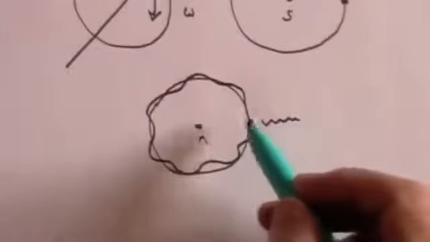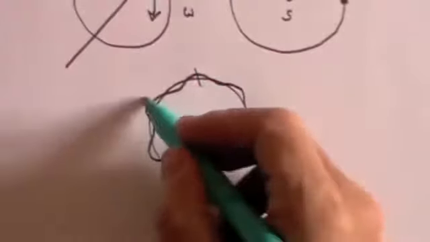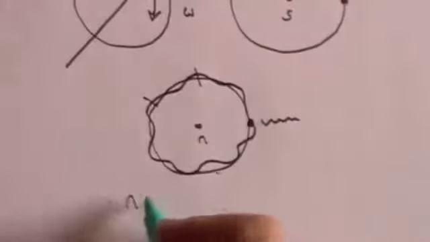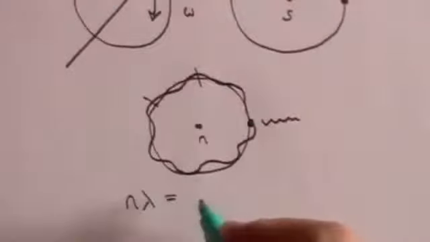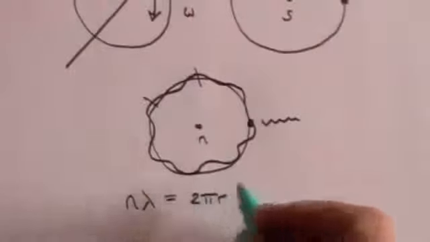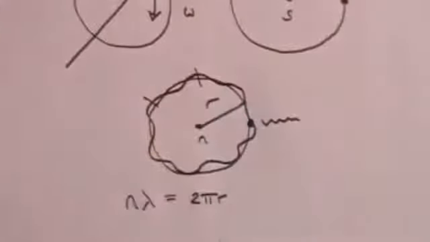The point about that wave is it's a joined up wave. There is no disjoint between where it starts and where it ends. And that means that there is a whole number of wavelengths in that orbit, so that there are n wavelengths, where n is a whole number, an integer, in the circumference of the orbit, which is 2 pi r, where r, of course, is the radius of the orbit.